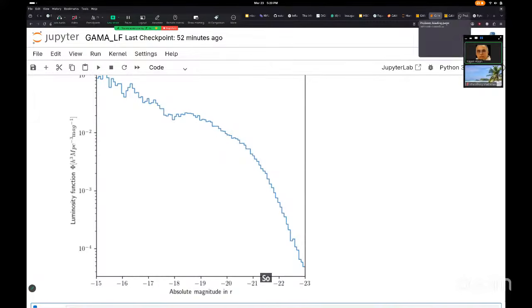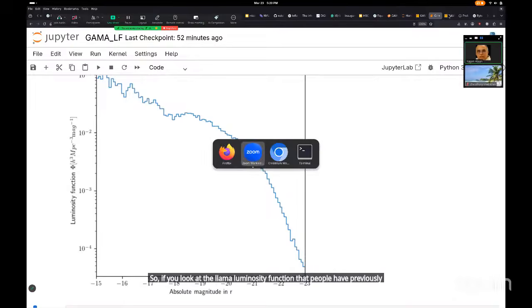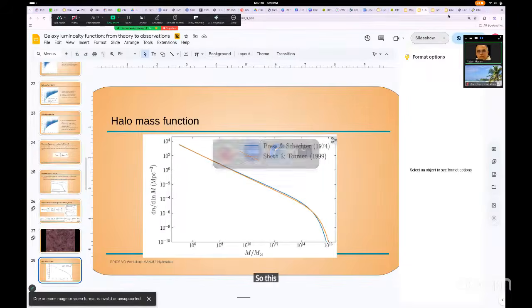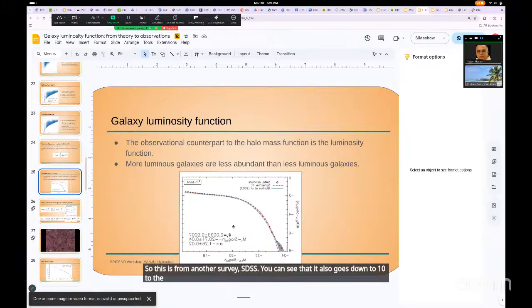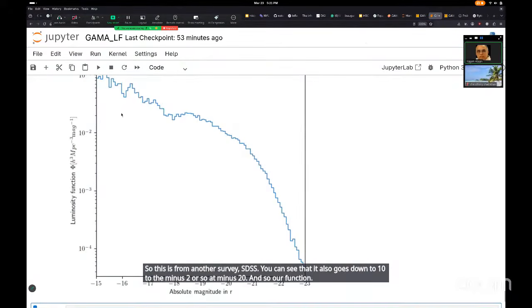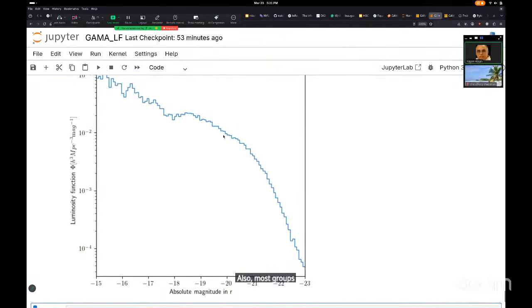So if you look at the gamma luminosity function that people have previously measured, so this is here. So this is from another survey, SDSS. You can see that it also goes down to 10 to the minus 2 or so at minus 20. And so our function also goes to 10 to the minus 2 roughly at minus 20.